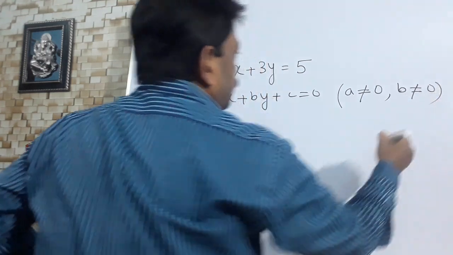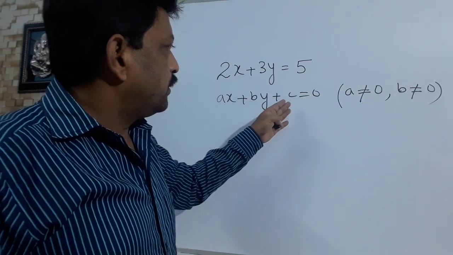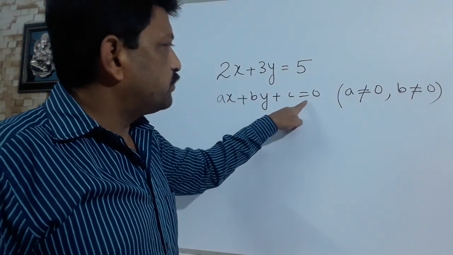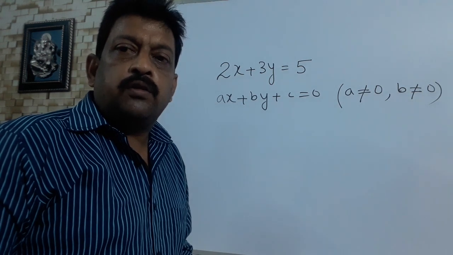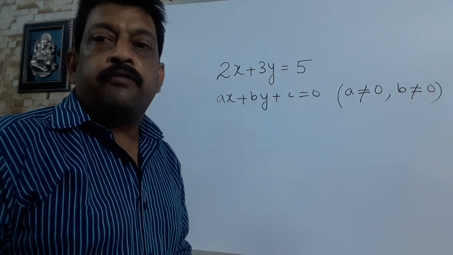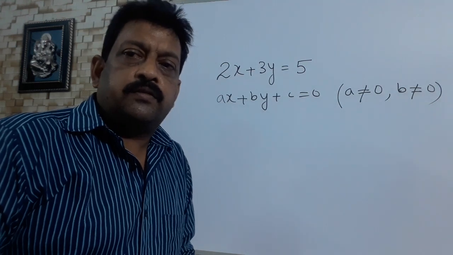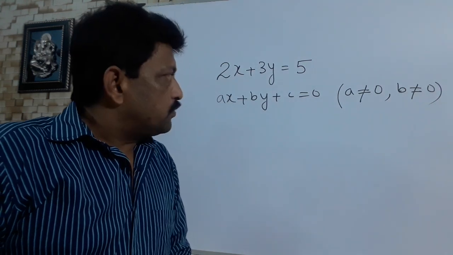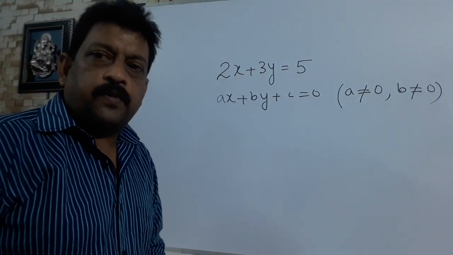Remember this, very important, because in that case if a and b become 0, then we will get c equals to 0, that is the constant equals to 0. So if there is any constant like 1, 2, 3, 4, then that will become 4 equal to 0 or 3 equal to 0, which becomes an absurd thing. Okay, so this is the general form of a linear equation.